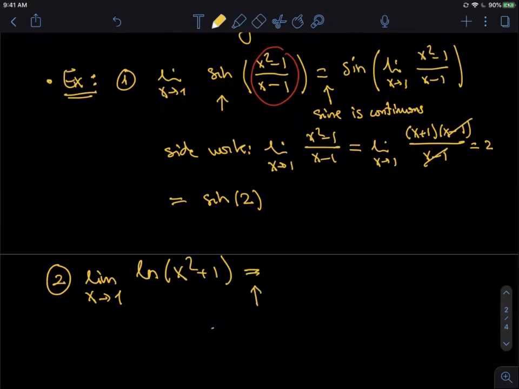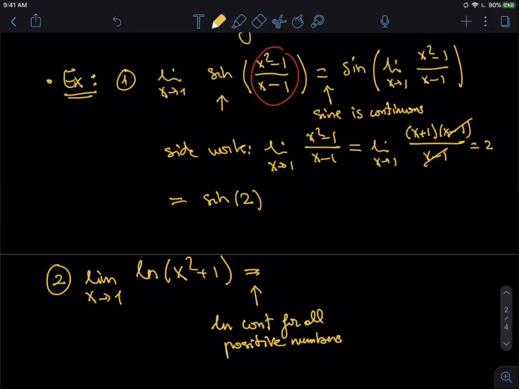Here the logarithm is continuous, not everywhere, but for all positive numbers. And x squared plus 1 is strictly positive, bigger than 0, because it's a 1 that is bigger than 0 and we are adding x squared. So no matter what x you pick, it's always 1 or bigger.